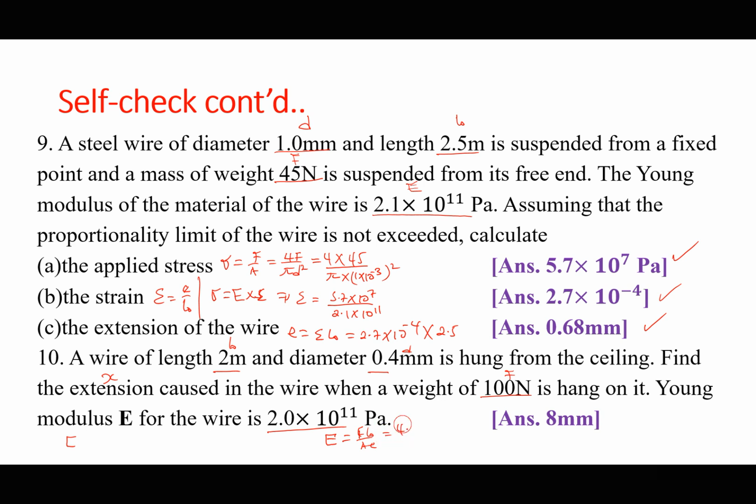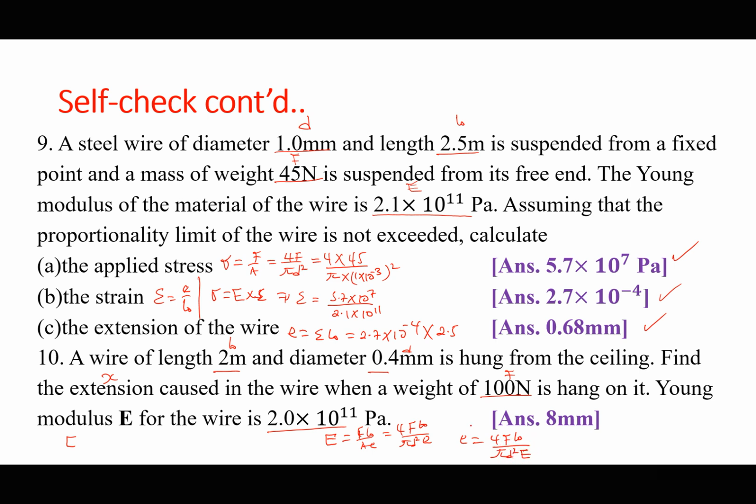So this is the same as 4 F L naught over pi d squared times e. So you can make e the subject and substitute. So e, small e, is going to be equal to 4 F L naught divided by pi d squared times capital E.